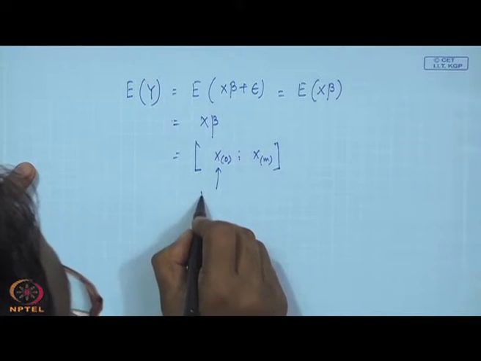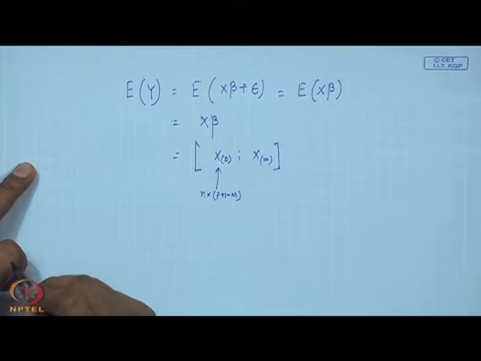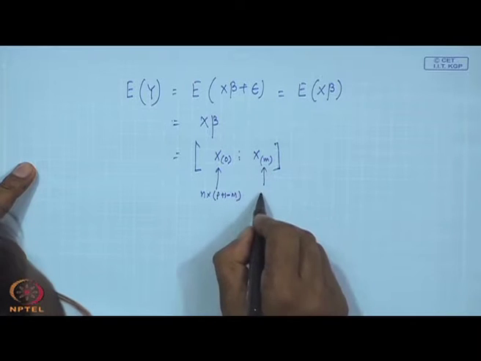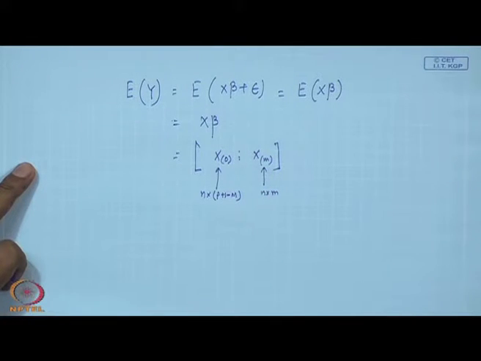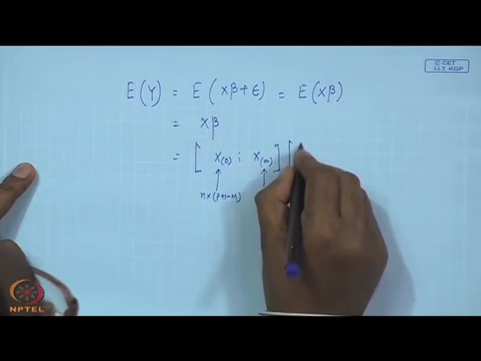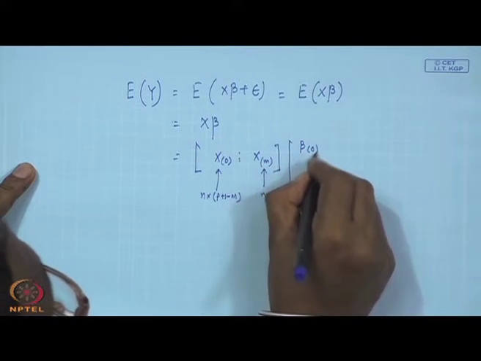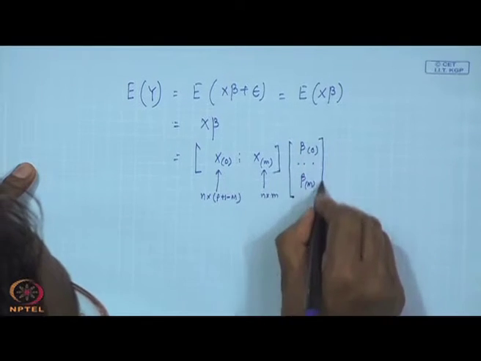This one is n into p plus 1 minus m, and this one is n into m. Clear? Then the same thing I can write for beta: beta 0 and beta m.